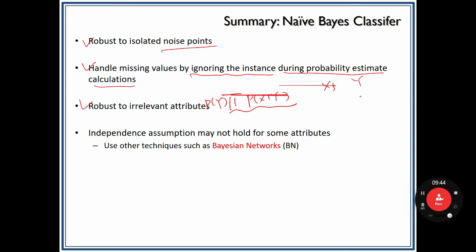It's kind of difficult to make an example to give you. Let me try again. X5, and there is a class variable. Yes, yes, yes, yes.